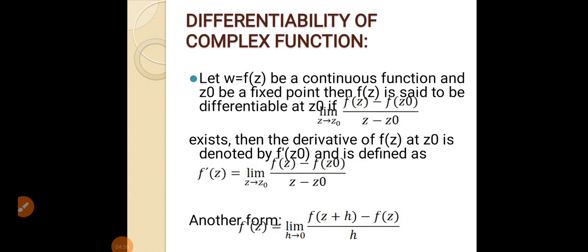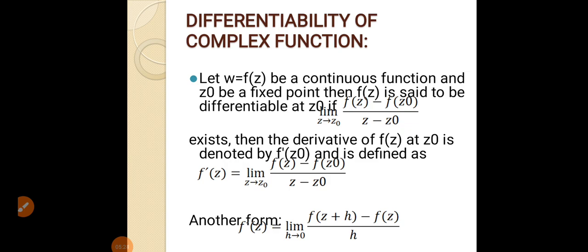Our next topic is differentiability of complex functions. Let w = f(z) be a continuous function. We have already learned what a continuous function is. Let w = f(z) be a continuous function and z0 be a fixed point.